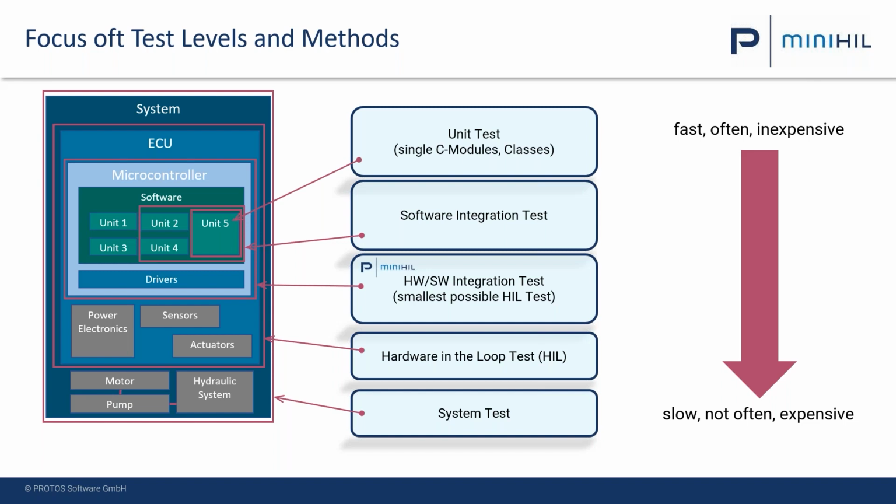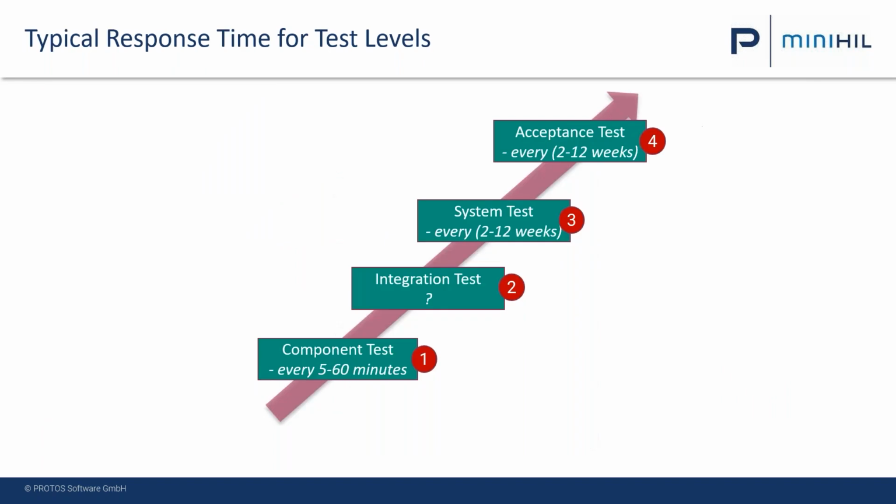The further you go down, the bigger the system you want to test gets, the slower your tests get, the less frequently you run them, and the more expensive the tests get. So the miniHIL is right in the middle. It's as fast as a unit test, but it's not as hard to do as a big hardware in the loop or a system test. So it's much faster than that.